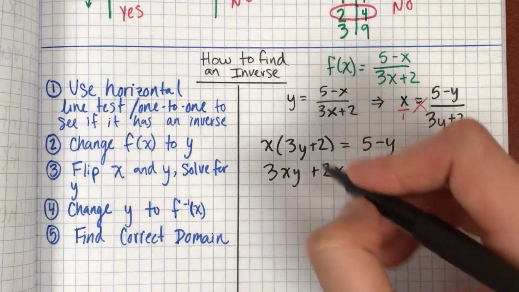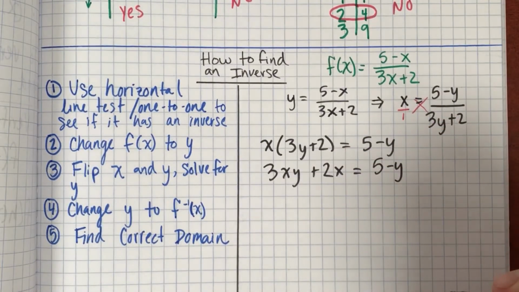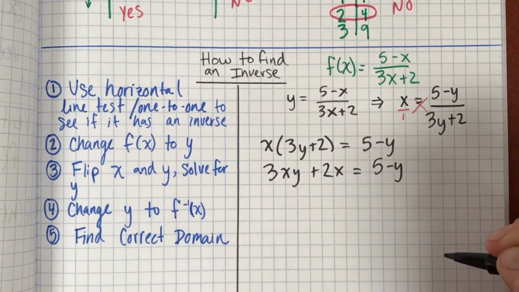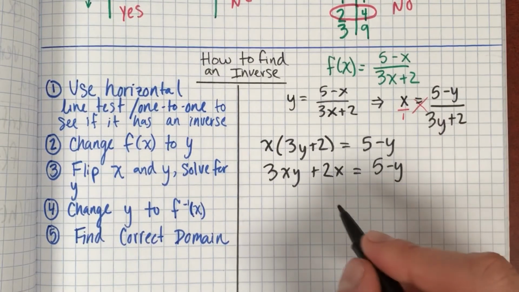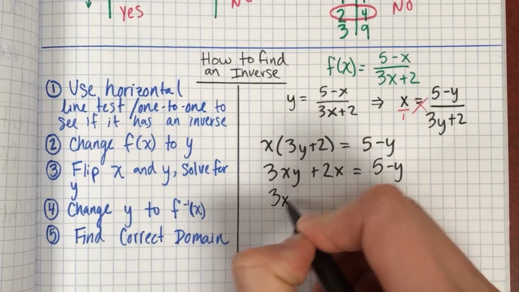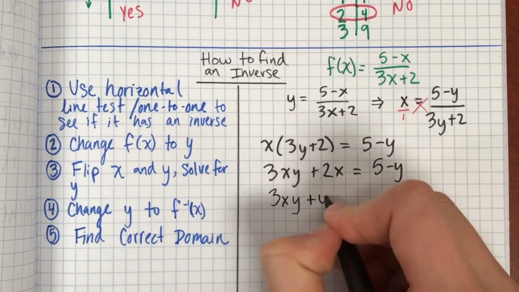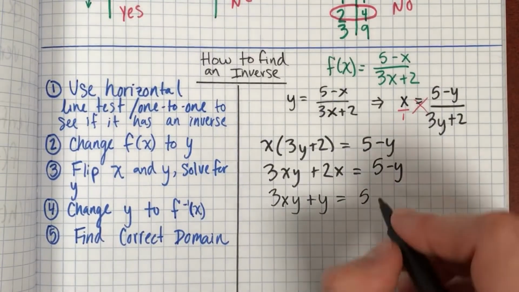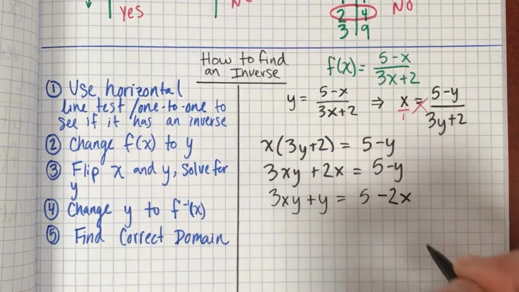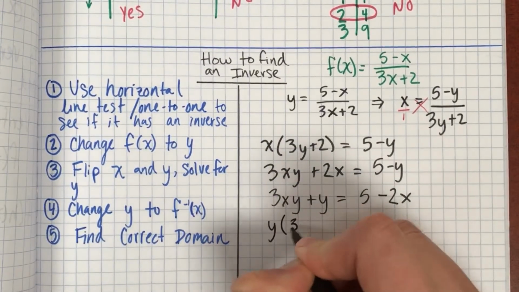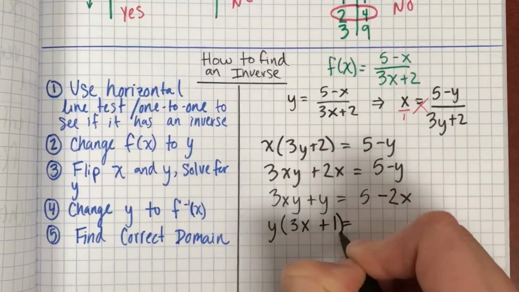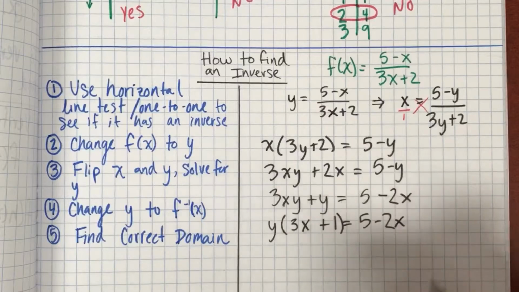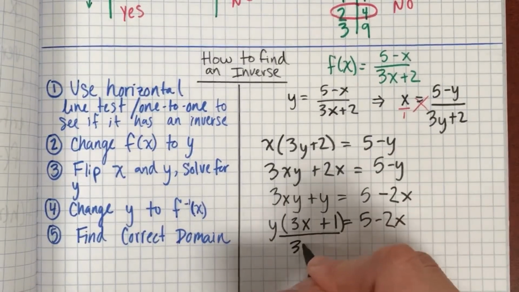And then we can put everything that has a y on one side and everything that has an x on the other. And our goal here is so that I can take out a GCF of y. So from here I can now take out that GCF of y. And now I can divide by 3x plus 1.